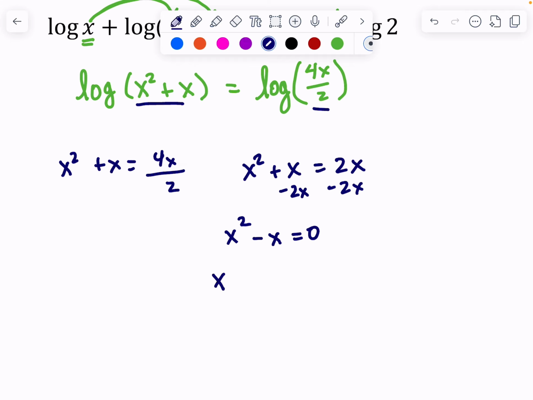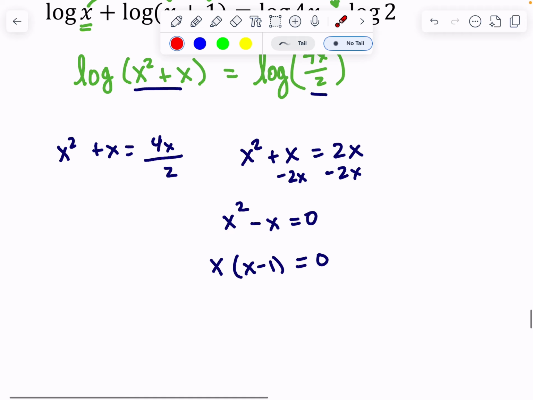So we're going to take out that x, and that's going to leave me with x minus 1. So once again, I just undistributed this x. If I were to distribute it back in, I would get x squared minus x. So that's what we mean by the greatest common factor, is you're undistributing what they have in common. So they both had an x, so I just took that x out to the front.